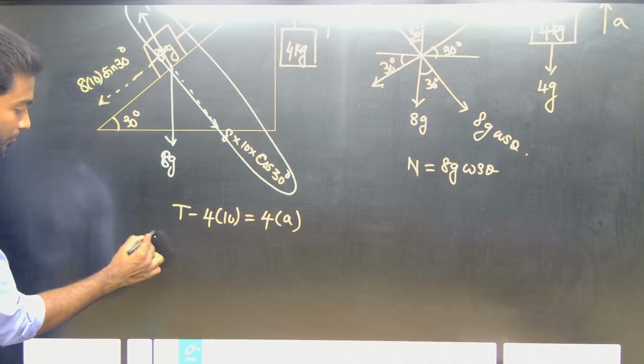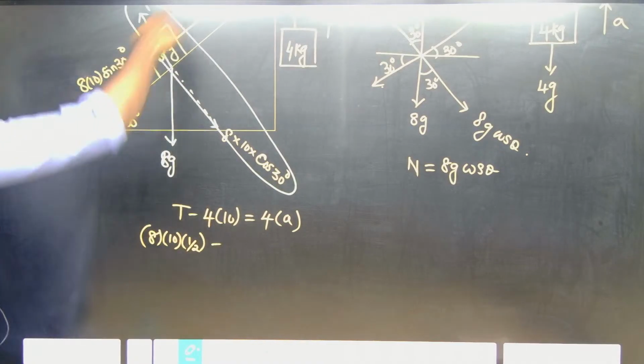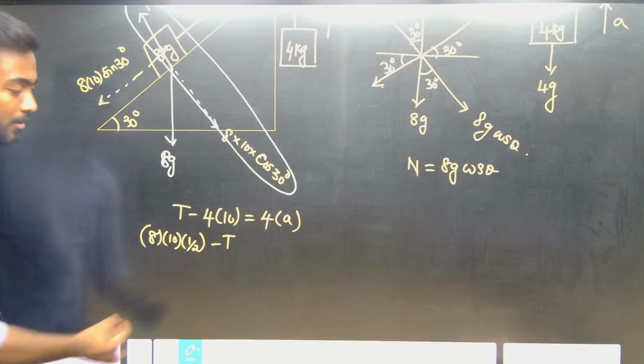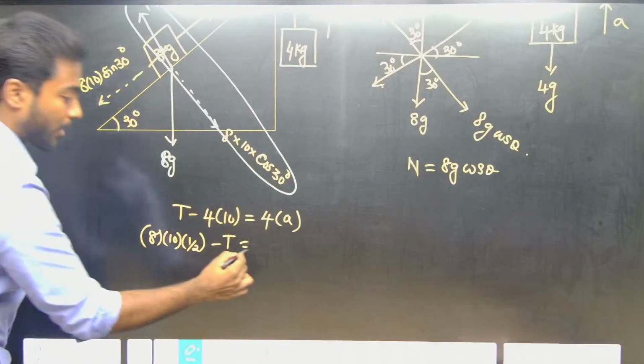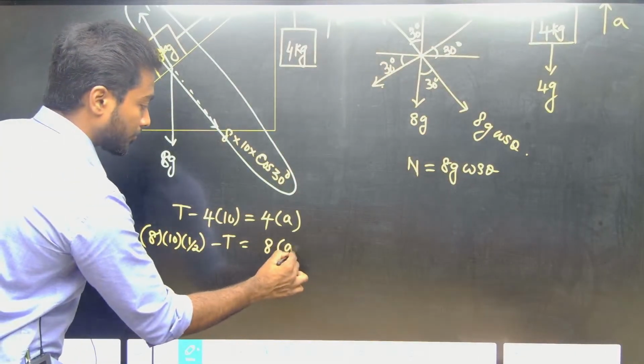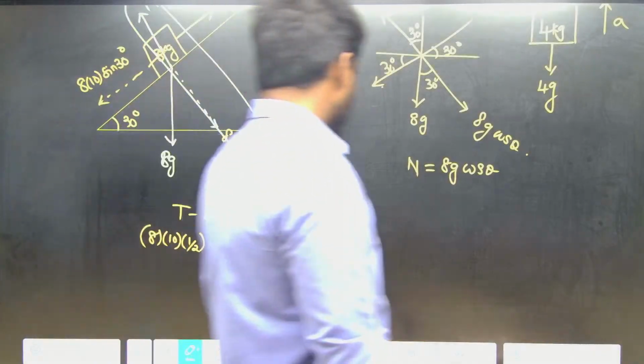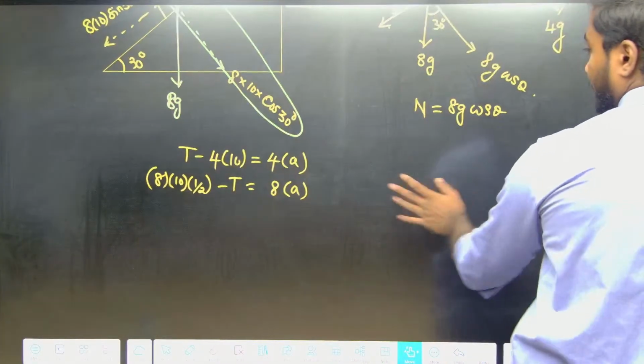So 8 into 10 into 1 by 2 minus T, tension is in the opposite direction, will be equal to 8 into a. Got it? We are writing only the acceleration here, okay? No need to solve anything here.